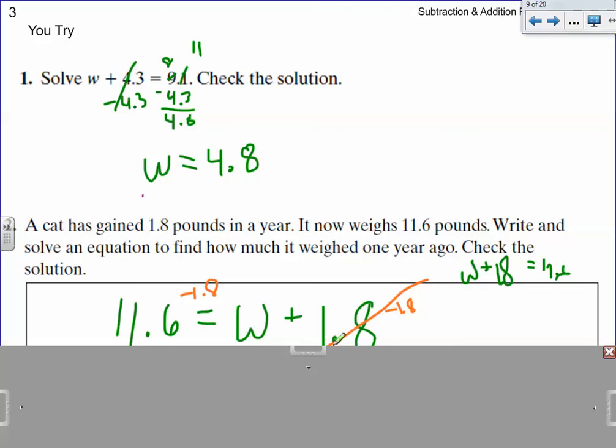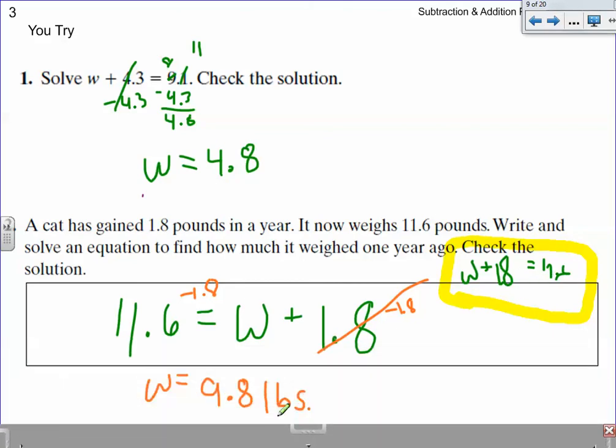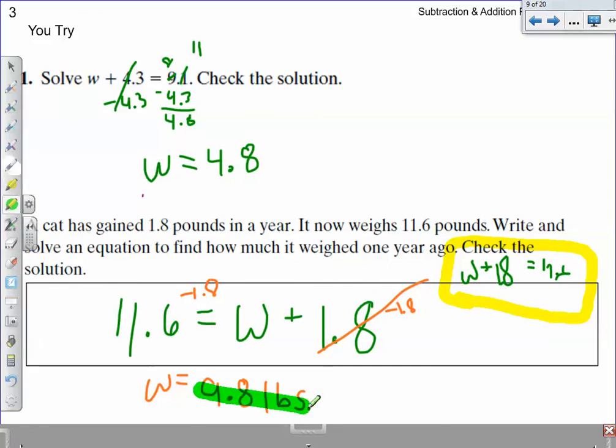So this is my original equation. 11 6/10 is equal to W plus 1 8/10. You could also write it this way. Whichever way, you find out that W is equal to 9 8/10, and it's asking us how many pounds did she weigh. So my final answer should be W is equal to 9 8/10 pounds.